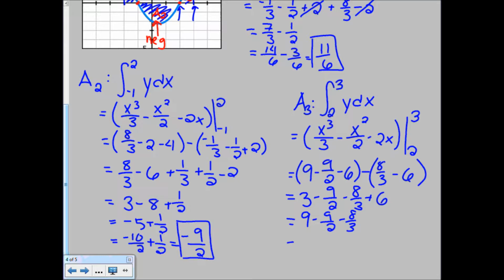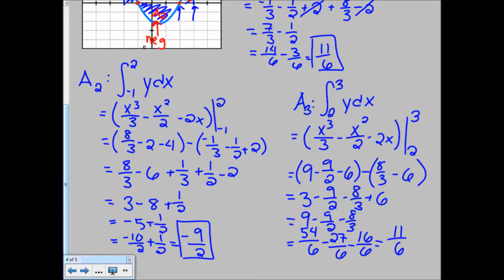Our common denominator here is again going to be 6, so we're going to get 54 over 6 minus 27 over 6 minus 16 over 6, which is just going to be equal to, doing the arithmetic, 54 minus 27 is 27. 27 minus 16 is going to give us 11, so we're going to get positive 11 over 6.